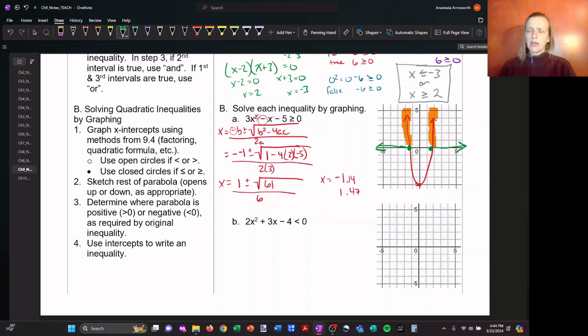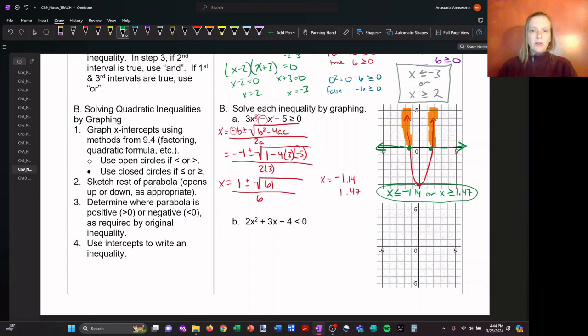And so what this looks like algebraically is either x is going to be less than or equal to negative 1.14, or x is going to be greater than or equal to 1.47. And we have now solved this inequality.